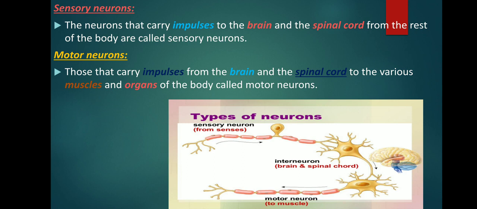A neuron is a specialized type of cell that transmits signals. A series of neurons can send a signal from your little toe all the way to your brain, where the signal is processed. Sensory neurons make up your five primary senses: smell, taste, sight, touch, and hearing. So, the neurons that carry impulses to the brain and spinal cord from the rest of the body are called sensory neurons.